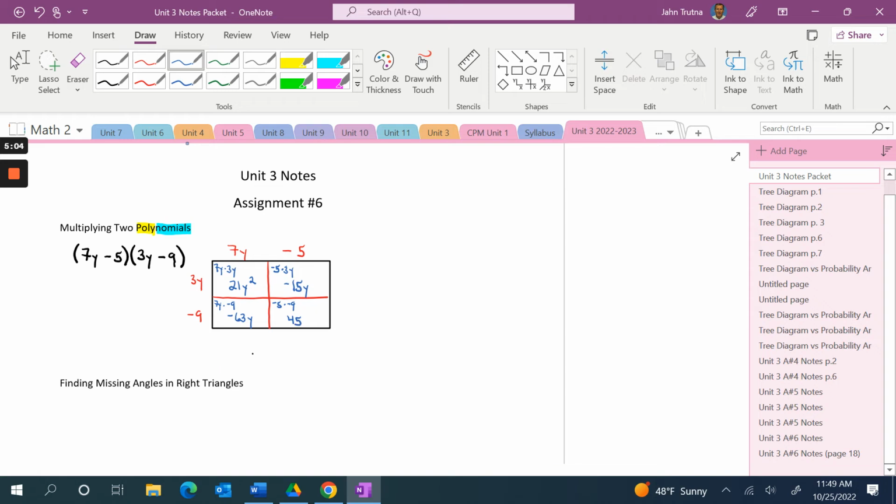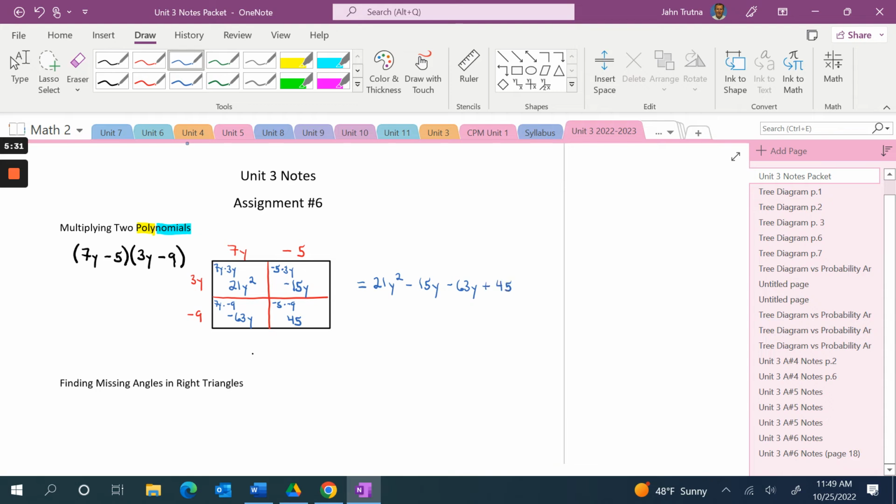Okay, and so then my result is what this is equal to when I multiply 7y minus 5, that quantity, with 3y minus 9. I'm going to get 21y squared, and then a minus 15y, and then a minus 63y, and then a positive 45.